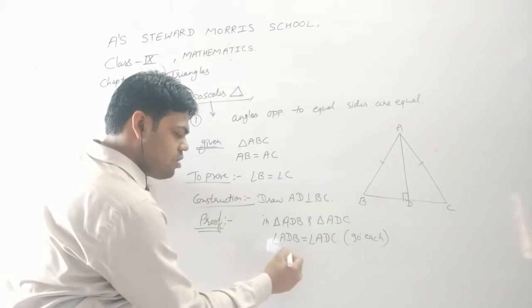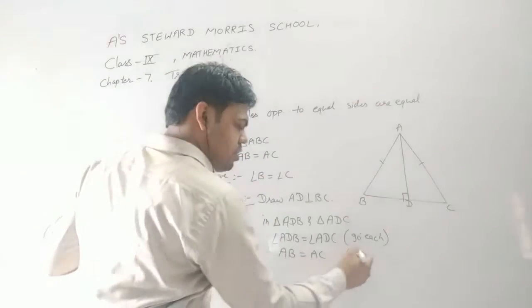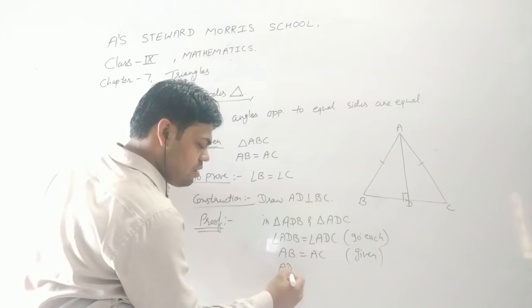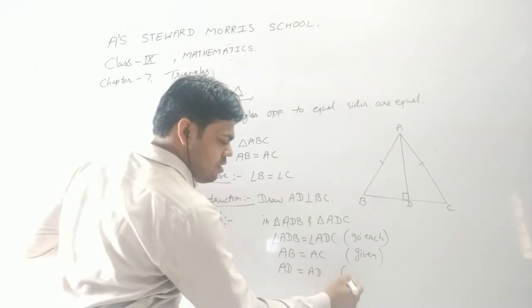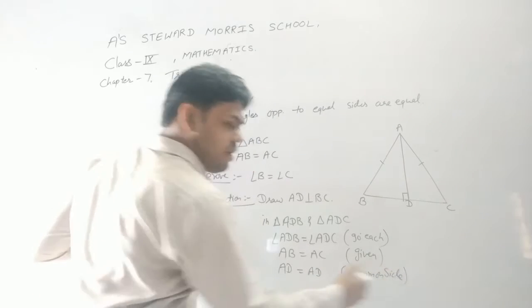The second part is AB and AC are equal, because it is given. And the third part, AD and AD are equal, it is a common side here. Okay.